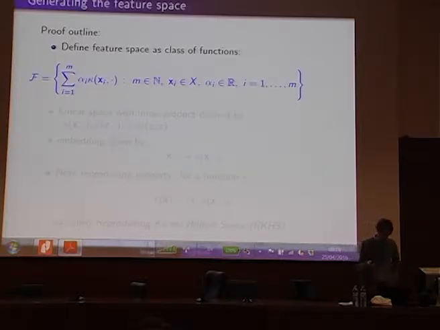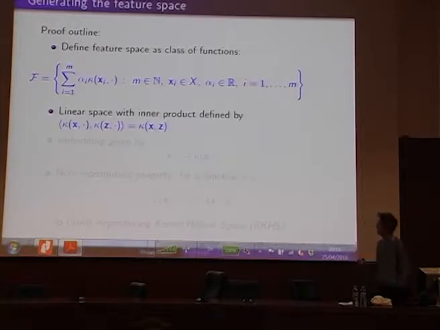Slightly weird, okay? But that's what you do, and you make it an inner product space by defining the inner product in this way. The inner product between the function defined at a point x, the mapping from input space to the kernel evaluation at a fixed x, and the function defined by z, is kappa of x comma z.